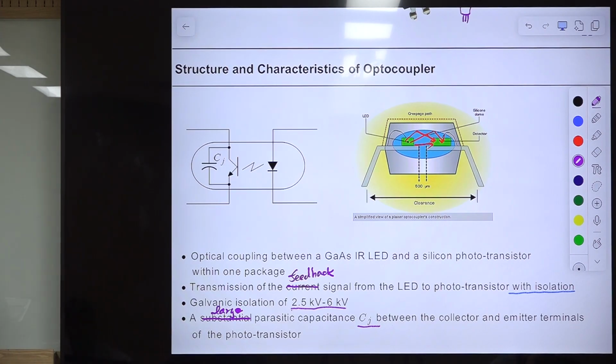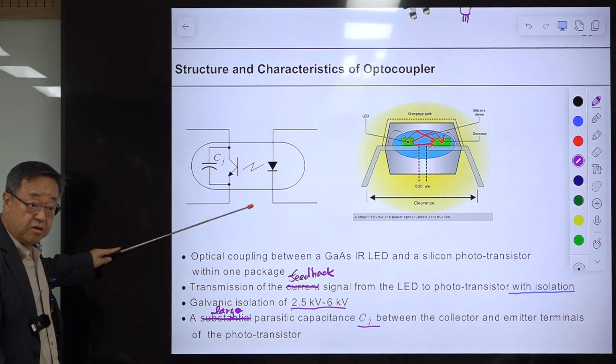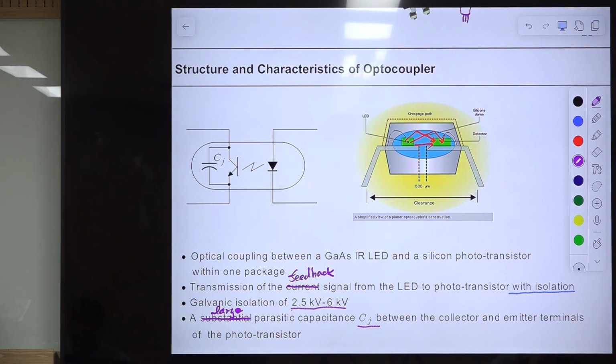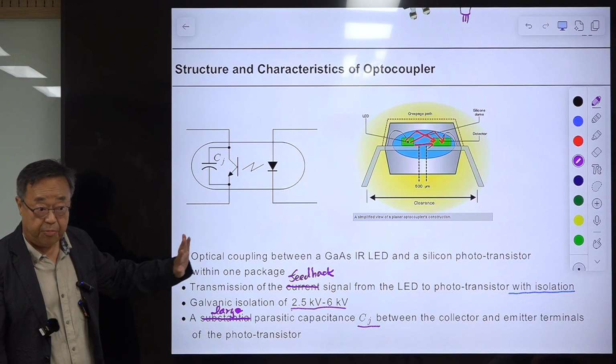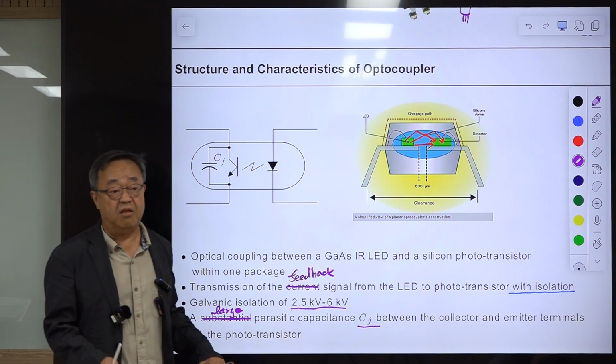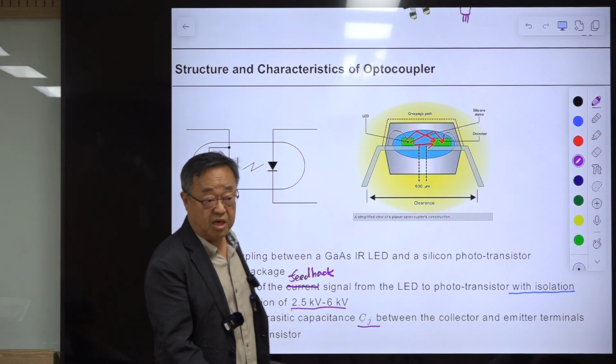This is very large compared to other regular transistors. This can be a problem in some applications, and in some applications it is not a problem. Probably for this flyback converter, this CJ is not a problem, but in some other applications, such as fast telecommunication, this can be a problem.